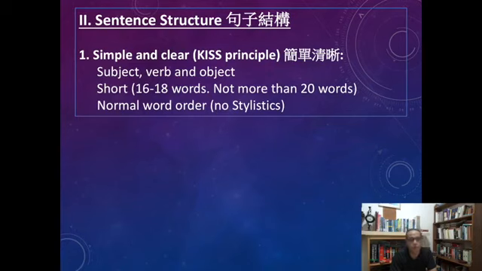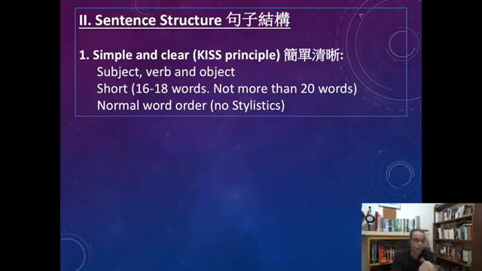Try not to use more than 20 words per sentence, even though sometimes in the lead, the first paragraph of the news, it goes much longer than that, because the lead should come in one sentence. As I said, use the normal word order, subject, verb, and object.